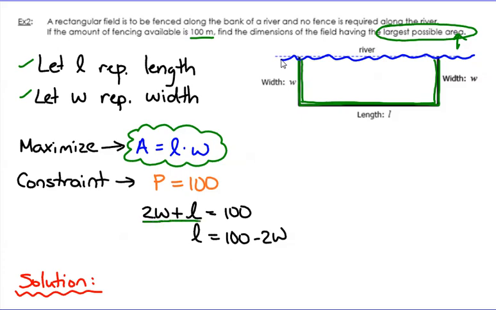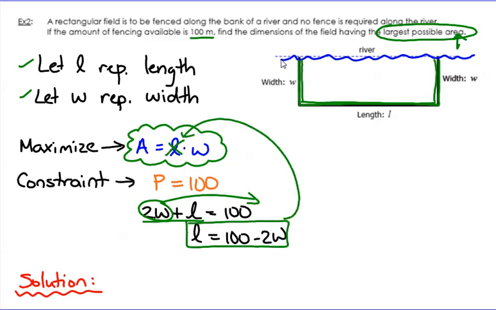So two W's plus one length is 100. I figured it'd probably be easier just to solve for L, so I brought this guy to the other side. You could solve for W if you want to, but you might get fractions, and I don't like fractions. Once you have your L, you can get rid of your L in the area formula and sub it in instead.